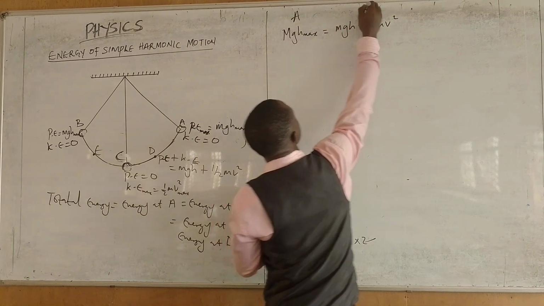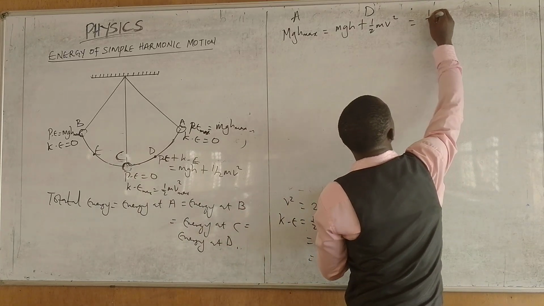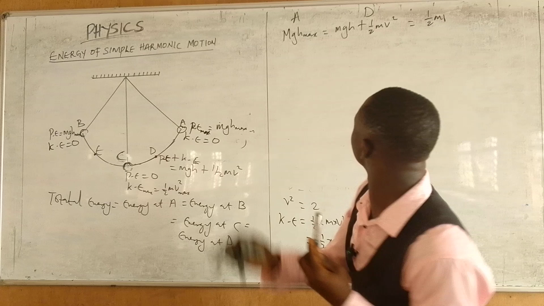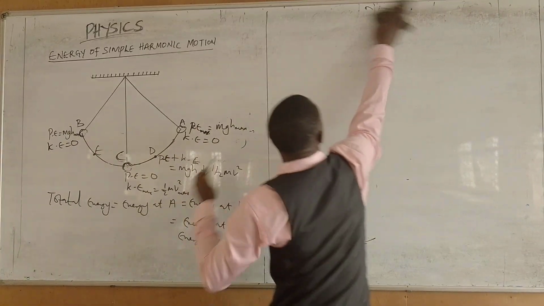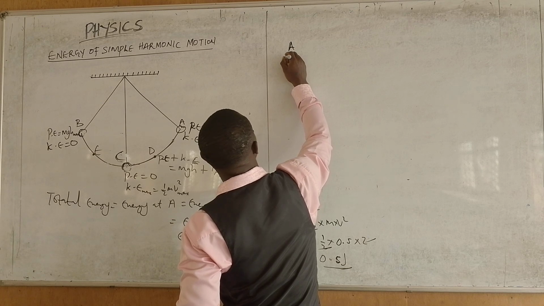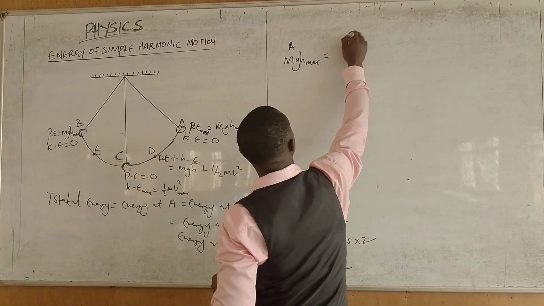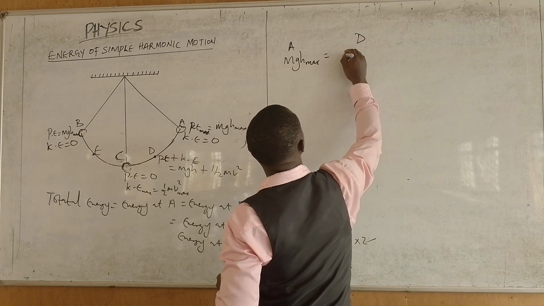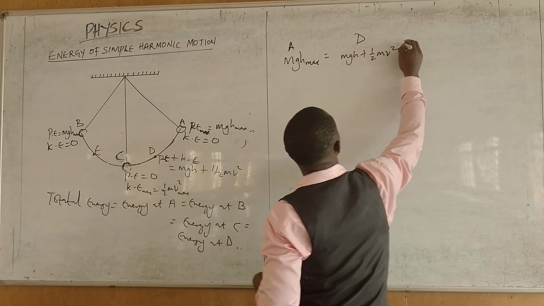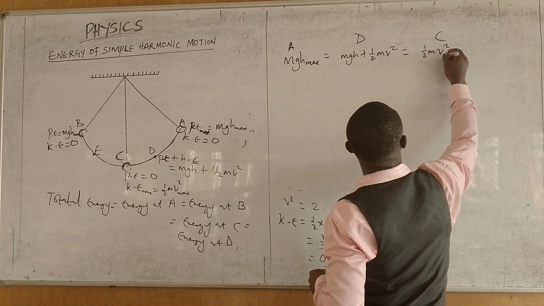This energy at A, this energy at D, then equals energy at C, which is half mv squared max. Energy at A is mgh max. Then energy at D, mgh plus half mv squared, then equals energy at C, half mv squared max.